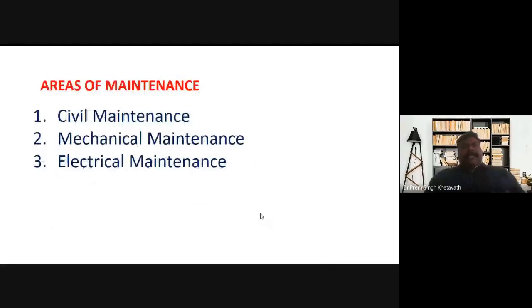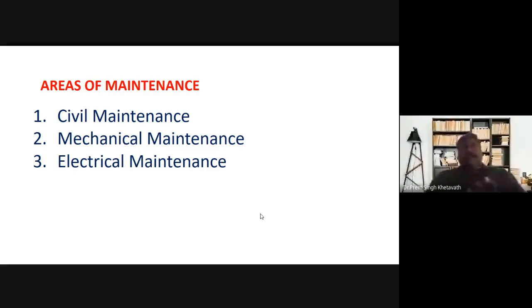So, areas of maintenance. In the last class also we had a briefing about this. Civil maintenance is about the buildings, the flooring, the roof, the walls, the rooms, all the buildings in the plant, the production unit, and all the offices in our plant. Mechanical maintenance mainly concerns tools, machinery, transport, and vehicles.